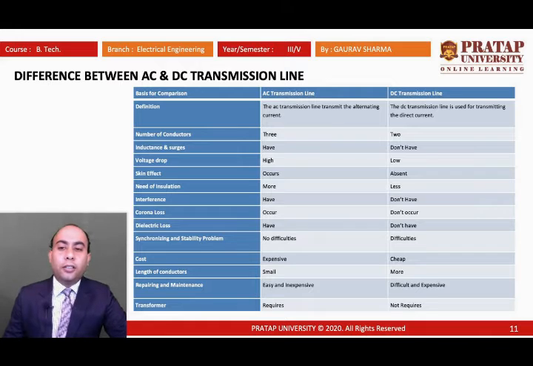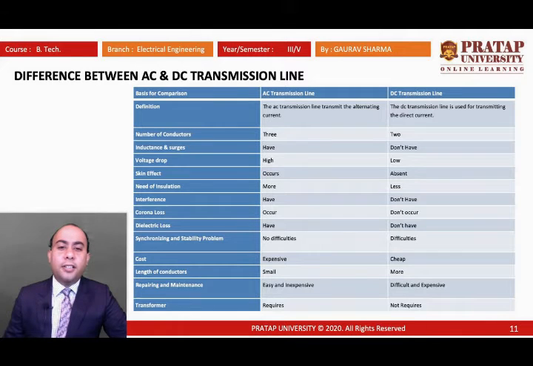When we go for the number of conductors, in the AC transmission line we have three conductors, that is phase, neutral, and earth. And in the DC transmission line we have only two conductors, that is positive and negative.